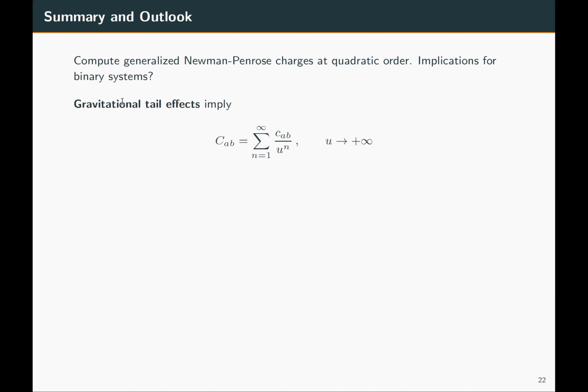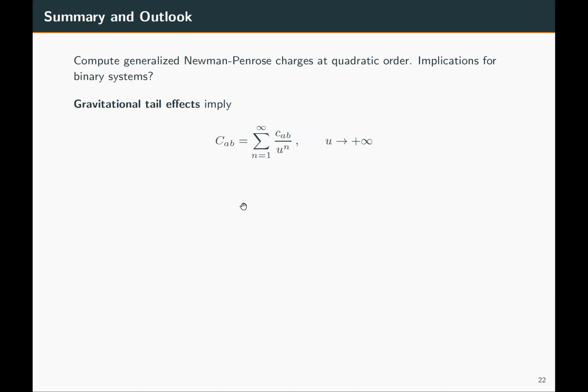But something that I want to stress here, and unfortunately I don't have time to spend more on this, is that you remember that I assumed sandwich spacetimes where the News tensor decays exponentially at large time in the future and past. This is what Laurent also assumes in his paper, and other people make this kind of assumption.